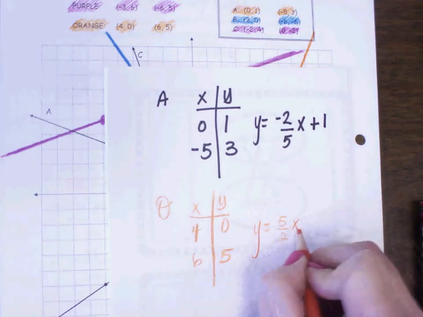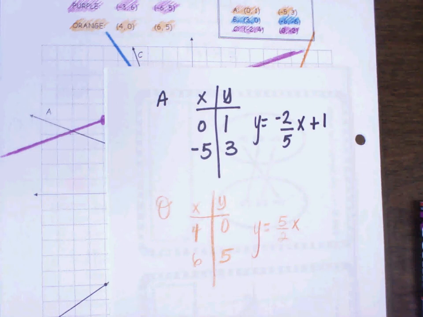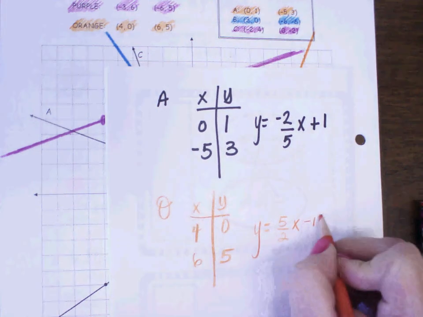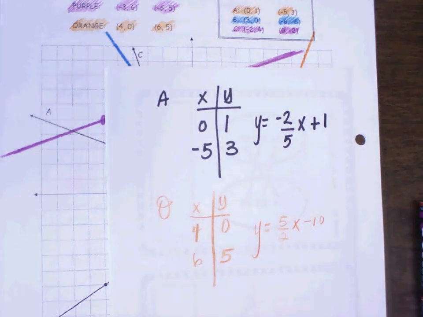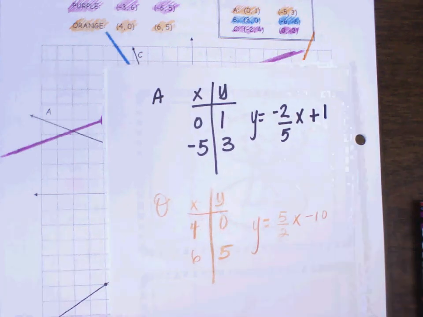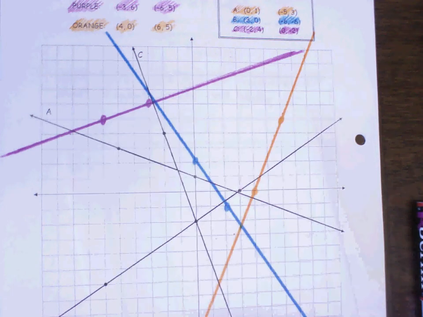So did you get 2.5? All right, what's my y-intercept? Negative what? All right. So we can definitely assure that perpendicular lines are opposites and reciprocals. We saw it on 3 different examples. Are we good? All right, let's go to the back.